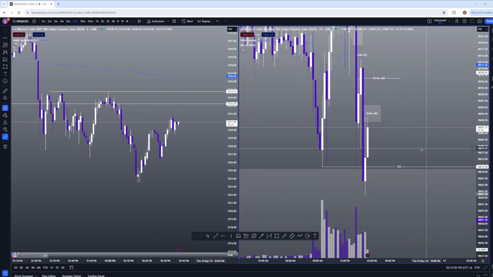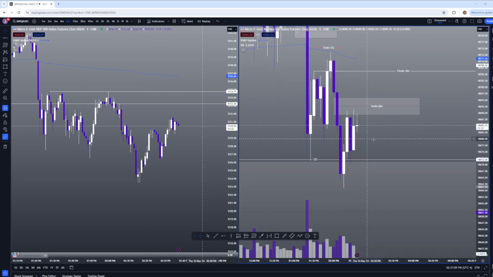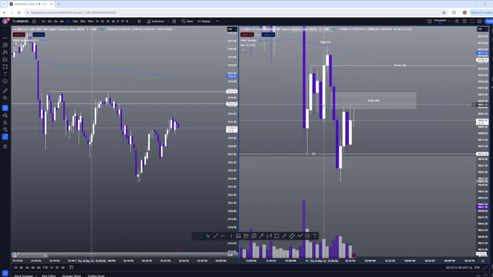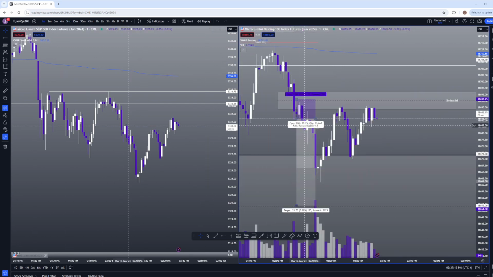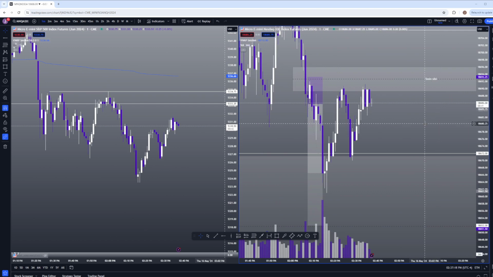See, we just keep bouncing from this, getting rejection off this 15-minute bearish order block, bouncing from this 5-minute bearish fair value gap. Chopping, chopping.